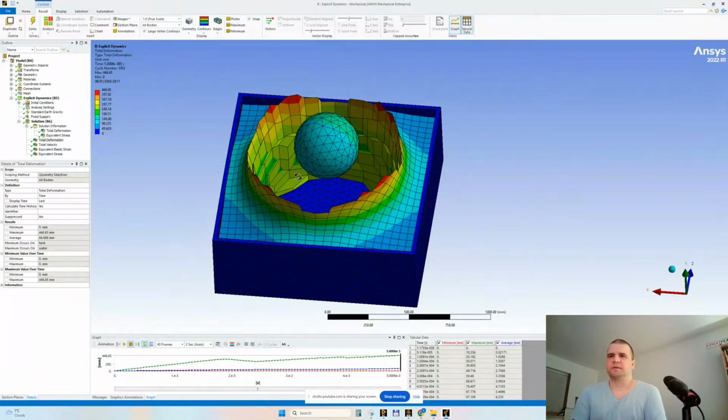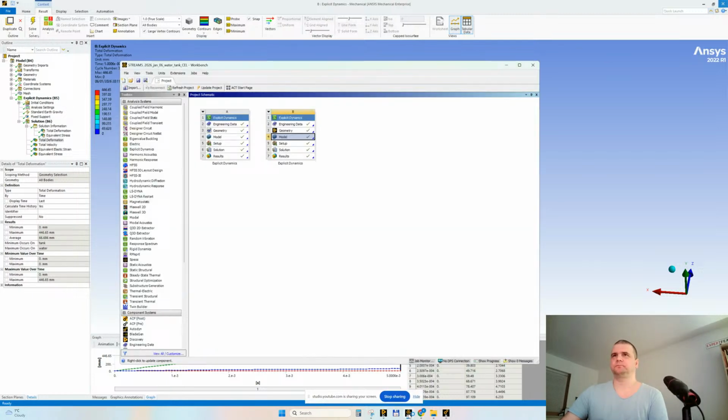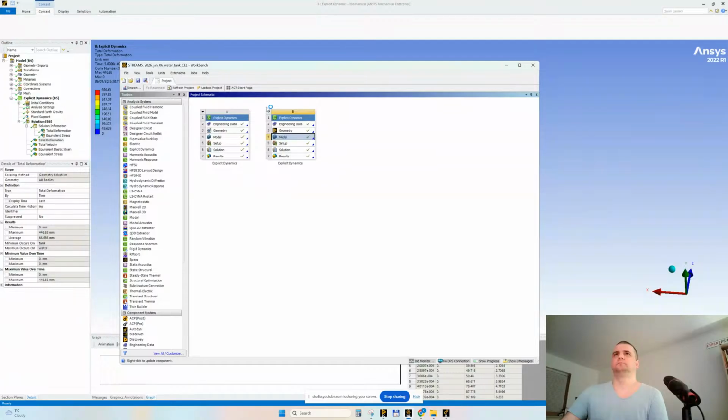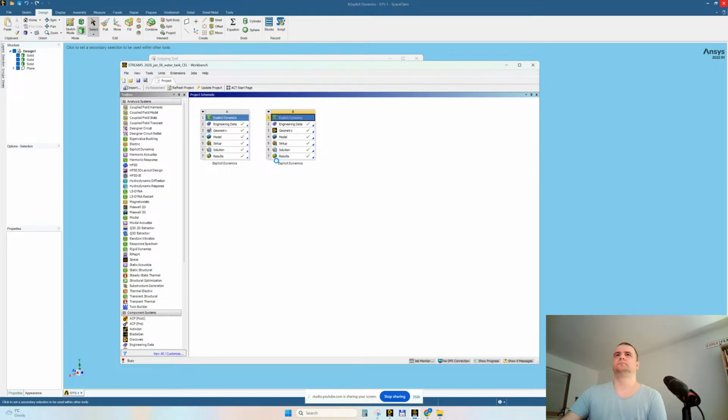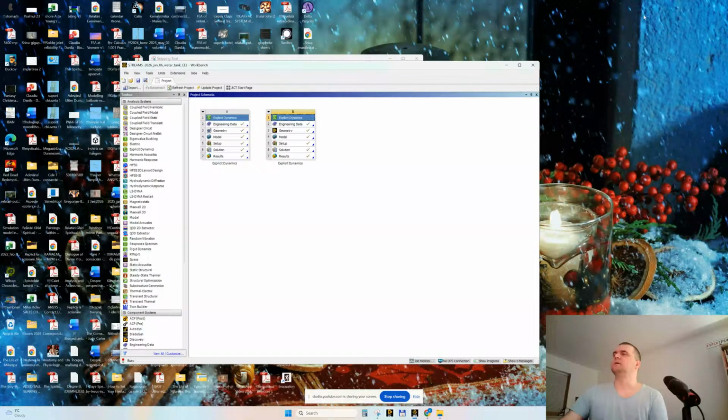Let me see one thing for comparison. All right. Let's duplicate this. I can close basically at this moment. This is the FEA for the airplane which touches water.